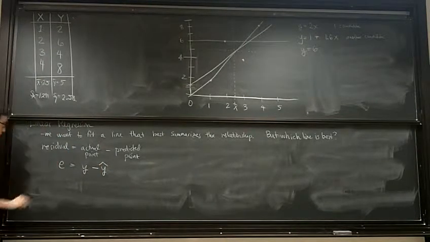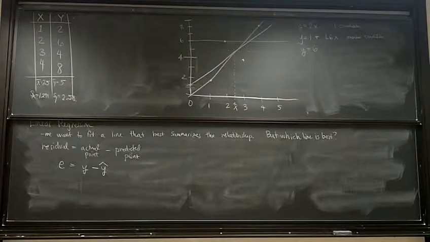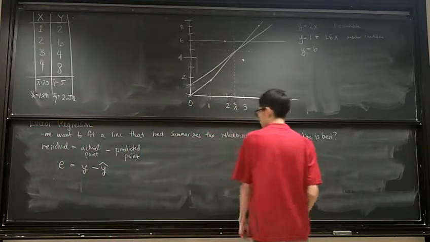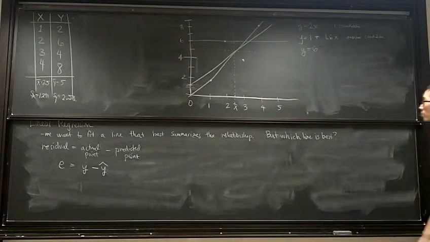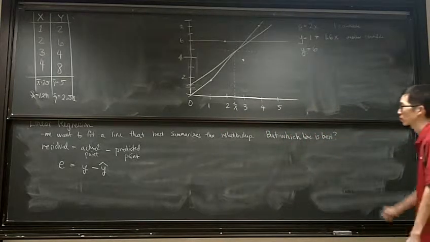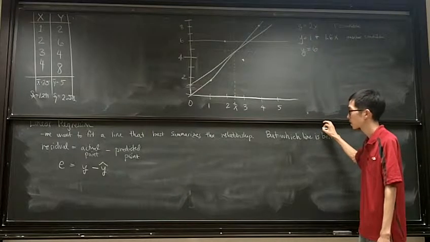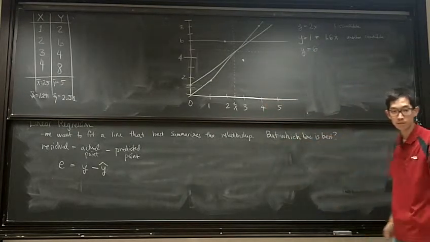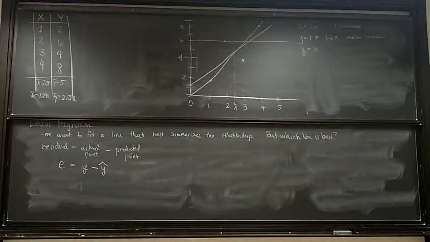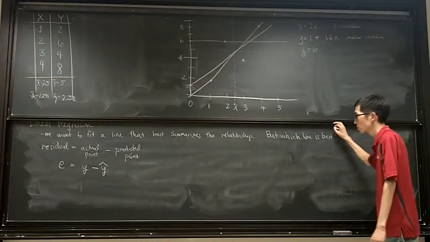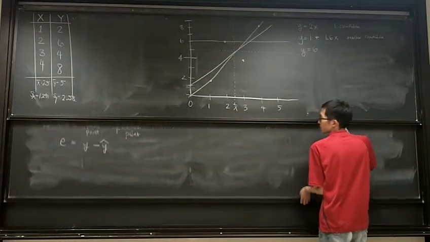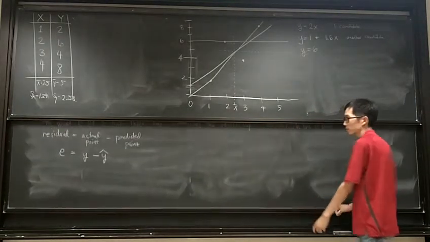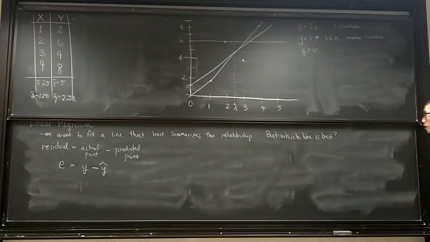And the residual we call e, as in error or something. So here our data points are 1, 2, 2, 6, 3, 4, and 4, 8. Okay. So let's, sorry, I'm jumping the gun here, okay?